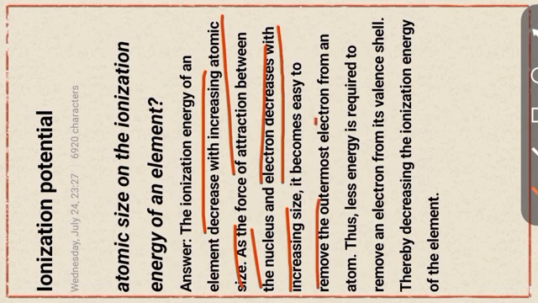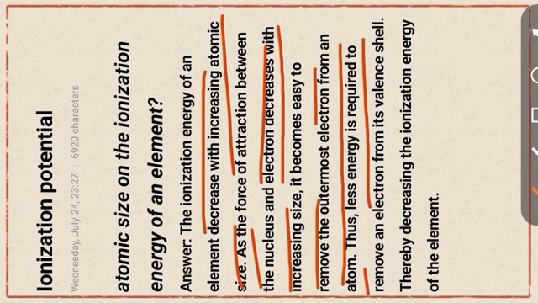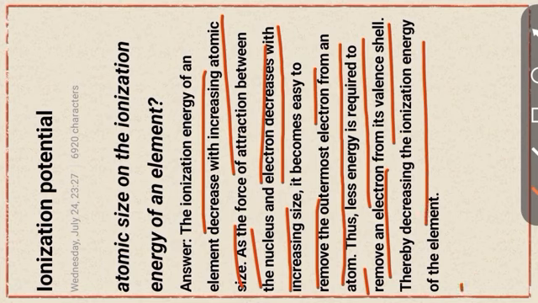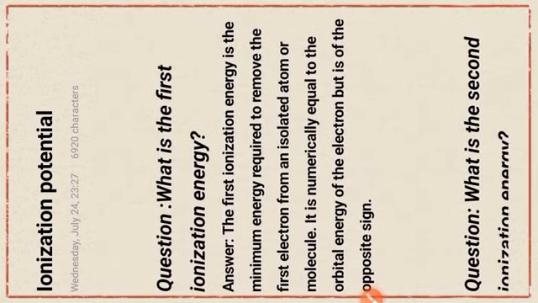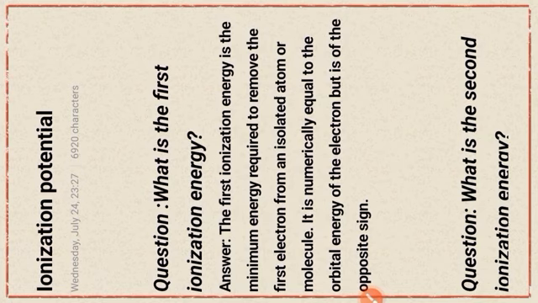It becomes easy to remove the outermost electron from an atom. Less energy is required to remove an electron from its valence shell, therefore the ionization energy of the element decreases.